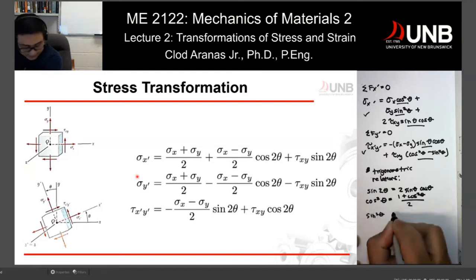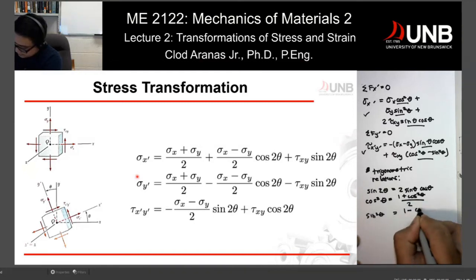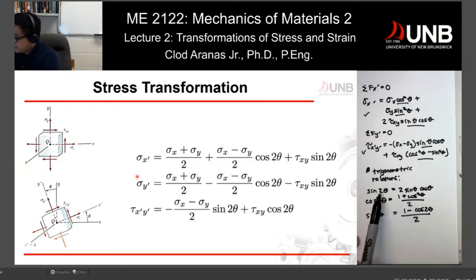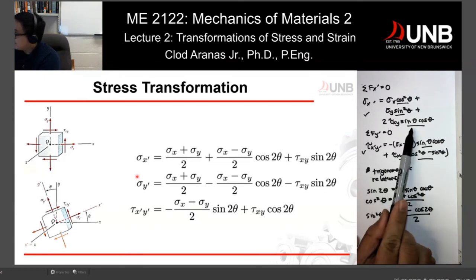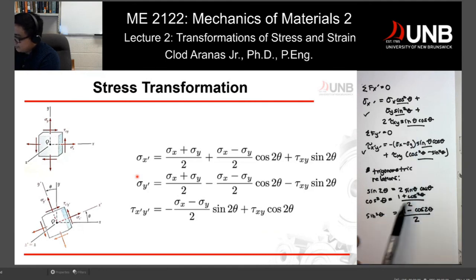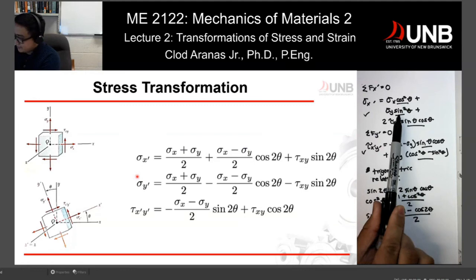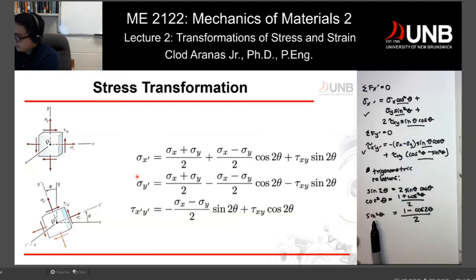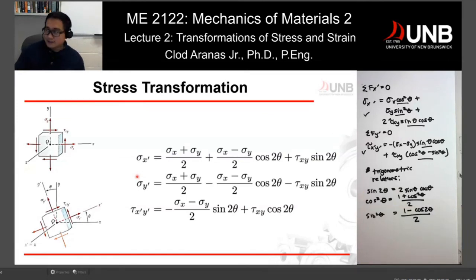Sine squared theta is 1 minus cosine 2 theta divided by 2. So we just substitute, for example, sine 2 theta for 2 sine theta cosine theta, and we can see that we have it up here. Then cosine squared theta is equal to this relationship here. We have cosine squared there, sine squared right there, and the same thing here. Once we substitute those, you will end up with these equations here.